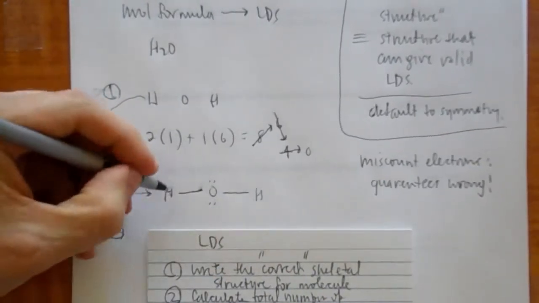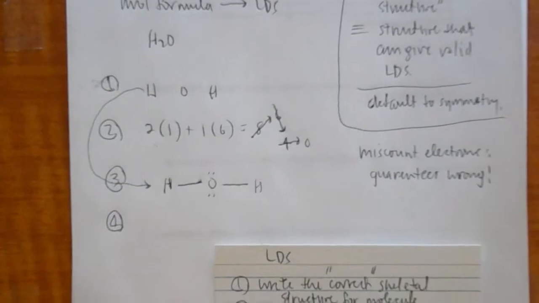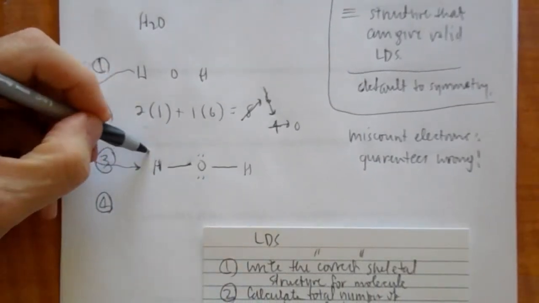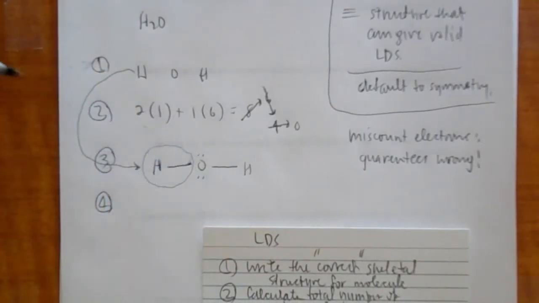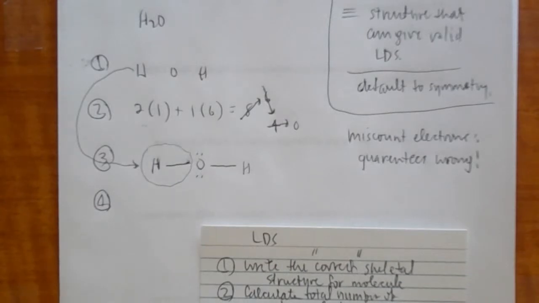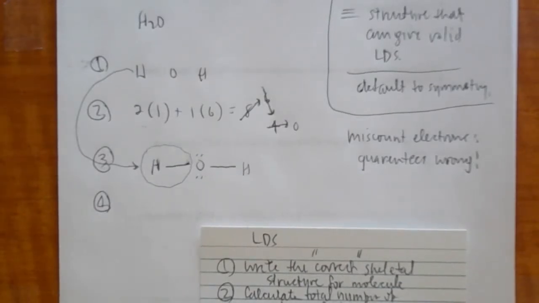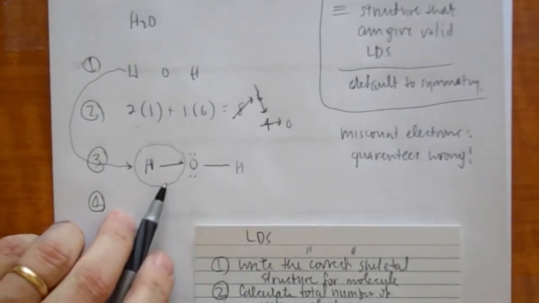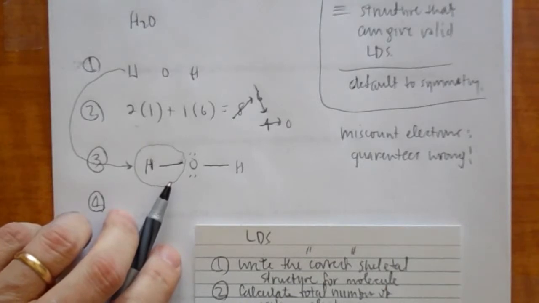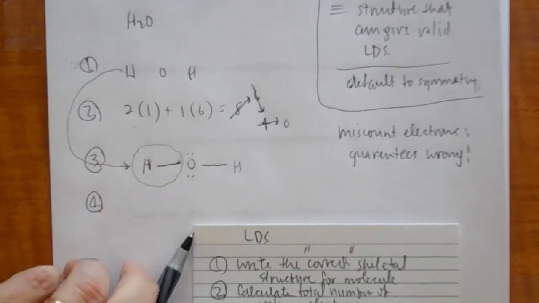Before we move them though, let's go through and see if the octet rule is satisfied for everything. I'm going to circle all the electrons around each atom. I'm going left to right. It doesn't matter where you go, but I usually go left to right so I have less to think about on game day. So, is the octet rule satisfied here for hydrogen? No, there's not 8 electrons, only 2 inside that circle.